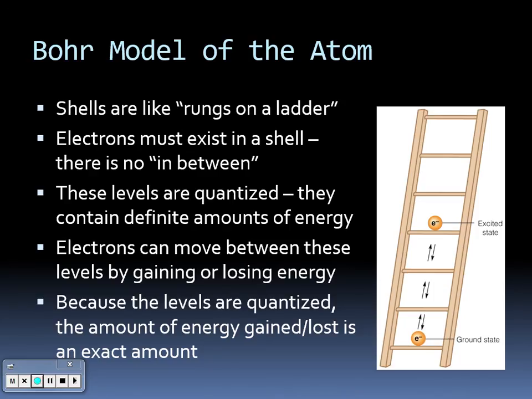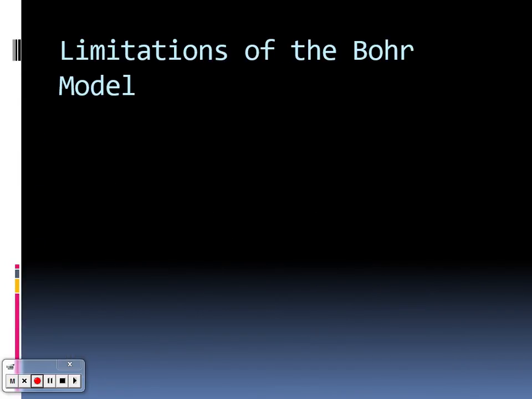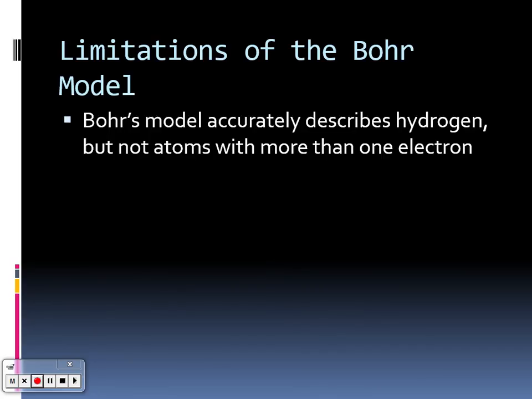Okay. So, here's the problem. Bohr's model has some limitations. Bohr's model works great for hydrogen. It explains hydrogen really well. Knowing what you know, what do you know about hydrogen? It's very simple.